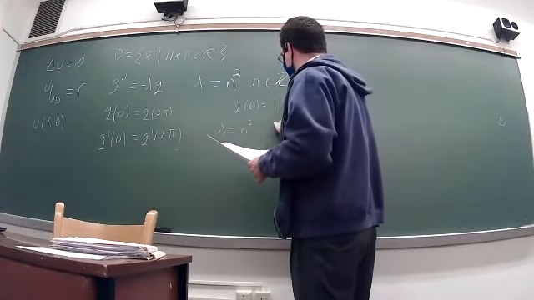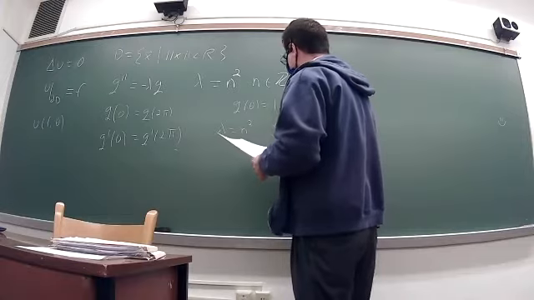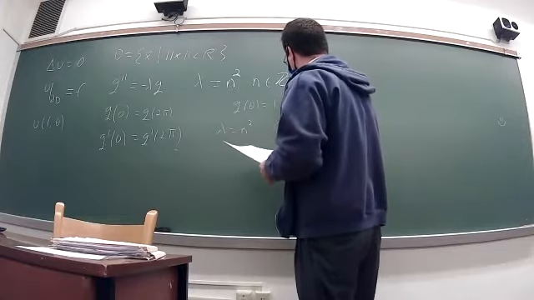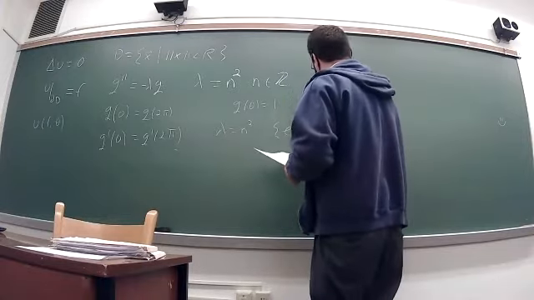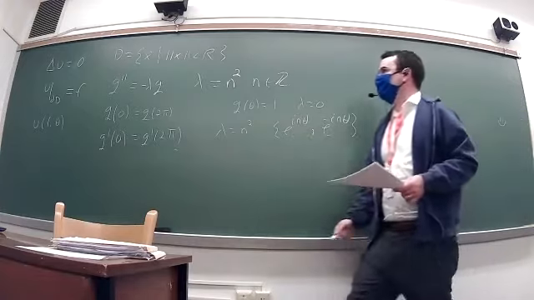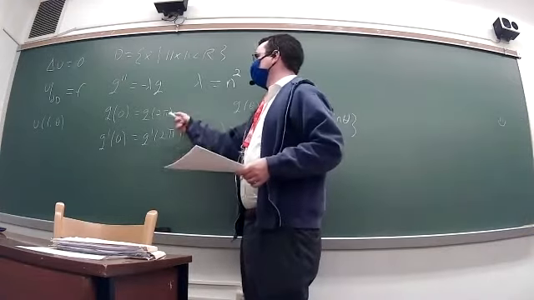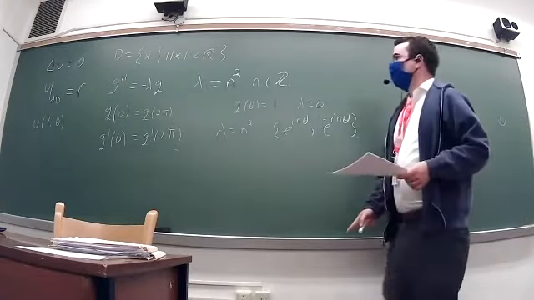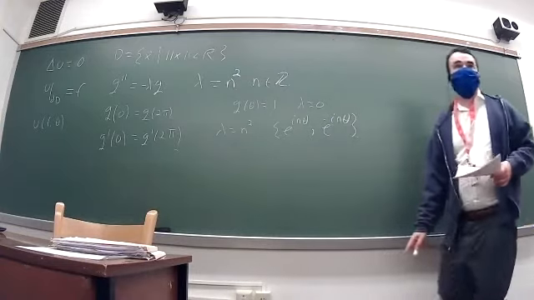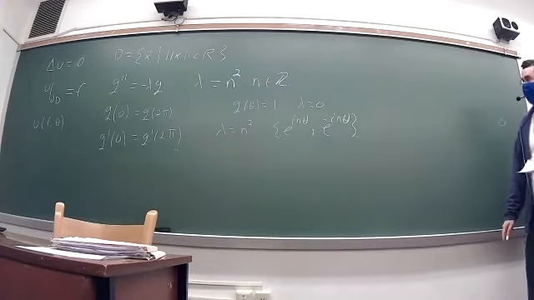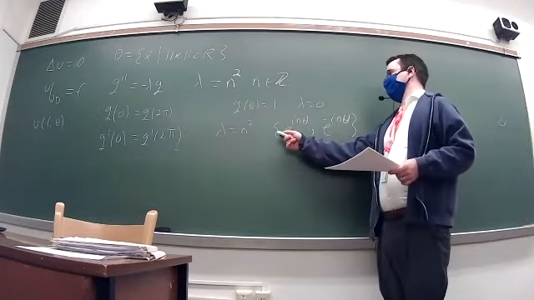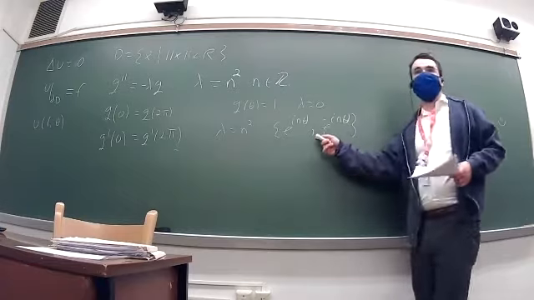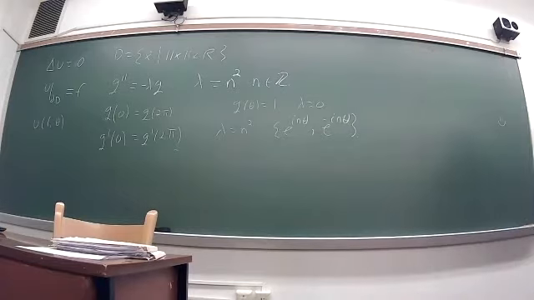If you allow a complex basis, then you just get e to the i n theta and e to the minus i n theta. So these are the two linearly independent solutions to that equation with these boundary values with lambda equals n squared. Straightforwardly, right? Just take two derivatives and out comes n twice, out comes negative n twice, giving you n squared.